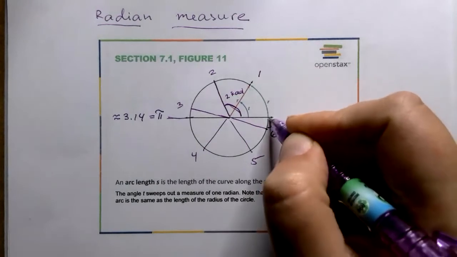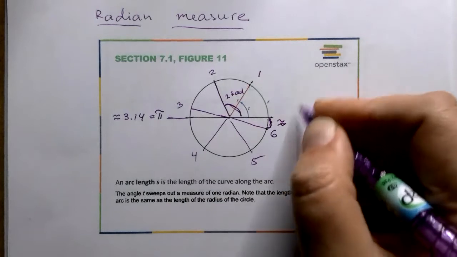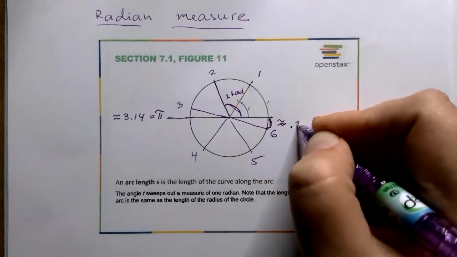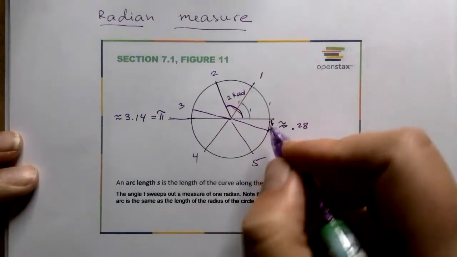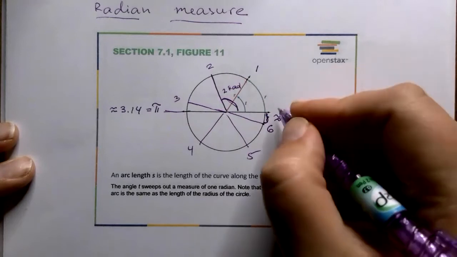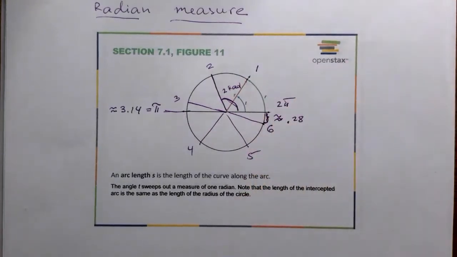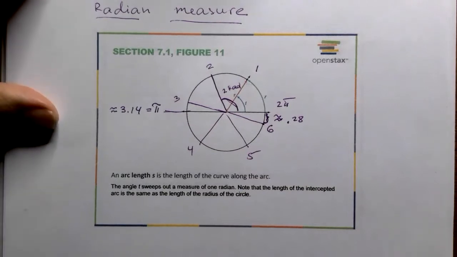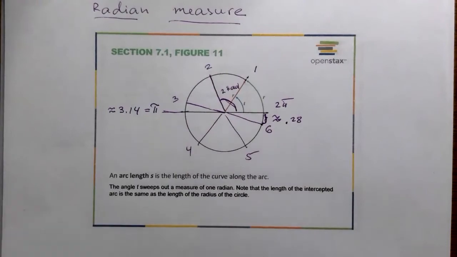And this little piece is about, again, not exactly, but rounded, about 0.28. So if half a circle around is pi, then the full circle around is 2 pi. Okay, so this is the basics of radian measure. Let's continue.